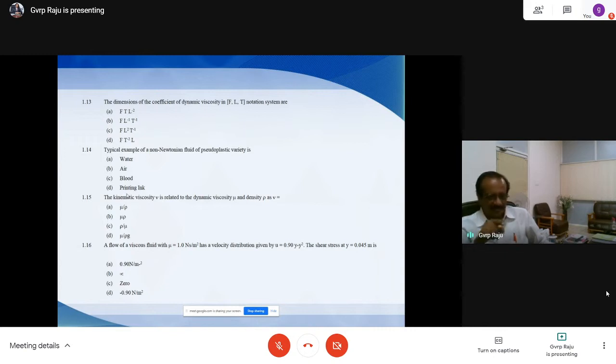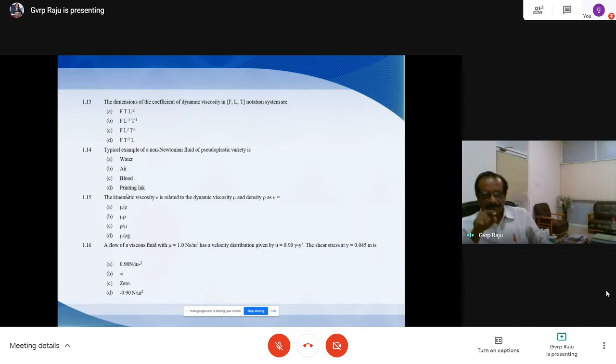So it has given the viscosity, Newton seconds per meter square, the dynamic viscosity. And the velocity distribution, earlier today morning during initial hours we have discussed this type of problem. The velocity distribution is given by small u is equal to 0.9y minus y square. Then what is du by dy?